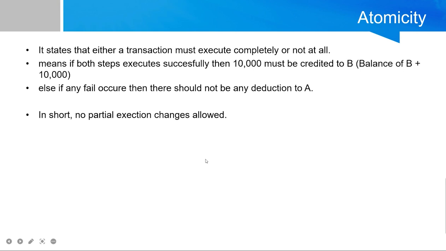It should not be the case that 10,000 got deducted from account A but not credited to account B. If that occurs, atomicity is not satisfied in our transaction system. A transaction ensures that it is executed completely, or its effects are not applied partially.